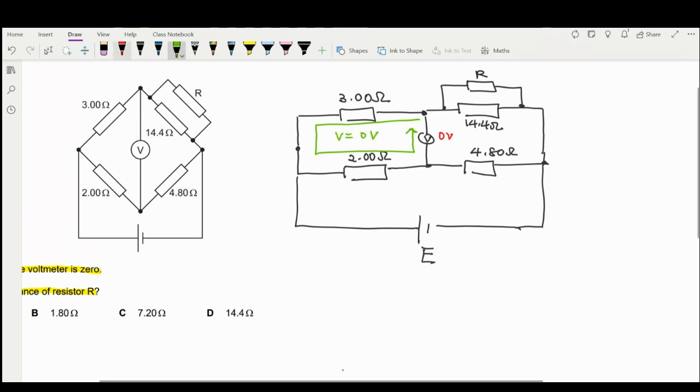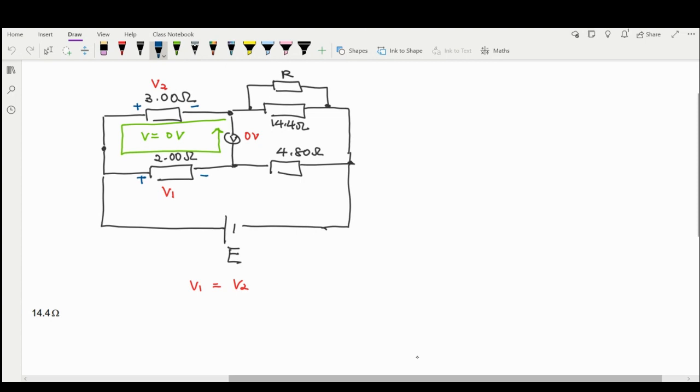If we let the potential difference across the 2 ohm resistor be V1 and this one be V2, we know that V1 should be equal to V2, but they are arranged in opposite directions. What I mean is, you put a sign of the current flow: this should be positive, negative, and this should be positive, negative. When you break the branch, it should give you something like this.